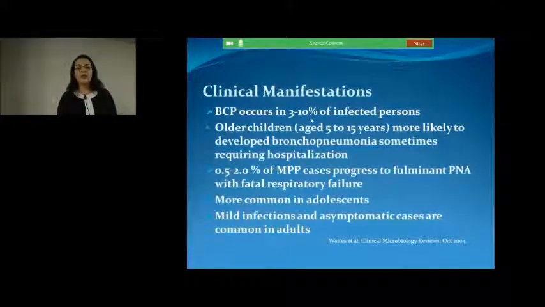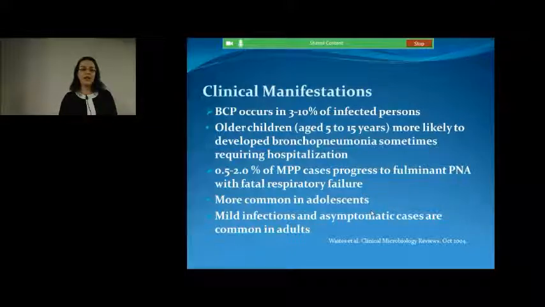Bronchopneumonia occurs in 3 to 10% of the infected persons. The older children, 5 to 15 years, are more likely to develop bronchopneumonia, sometimes requiring hospitalization. So, despite the fact that most of the infections caused by Mycoplasma pneumoniae are mild, 0.5 to 2% may progress to fulminant pneumonia with fatal respiratory failure.